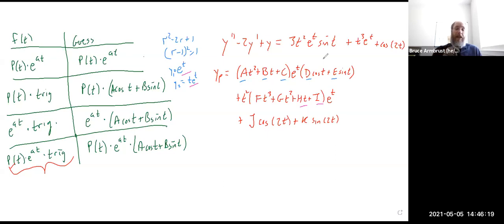Oh, I need a sine and cosine. I need whatever. But we always have to double check it against the solutions to the homogeneous, because those parts are not going to be any benefit to us. They're going to disappear. And because they disappear, we have to multiply by the t's to make sure that they stick around.